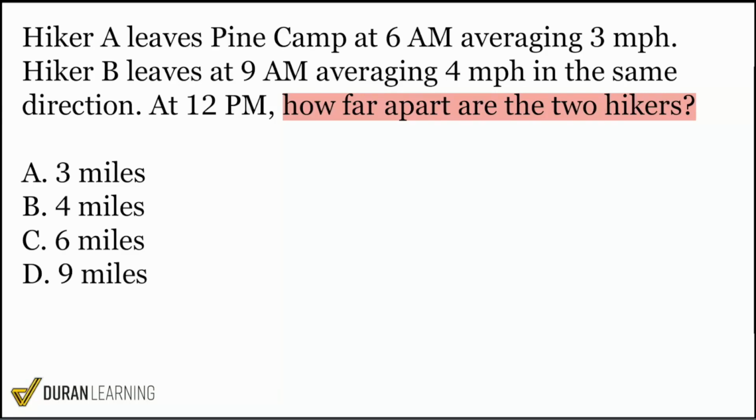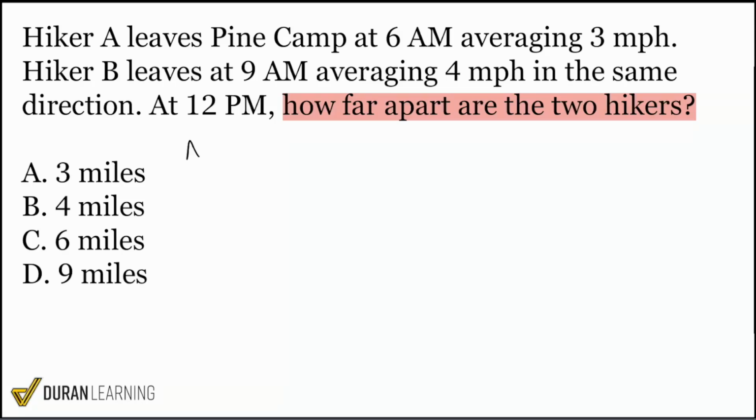Because it says, hiker A leaves Pine Camp at 6 a.m., averaging 3 miles per hour. Hiker B leaves at 9 a.m., averaging 4 miles per hour in the same direction. At 12 p.m., how far apart are the 2 hikers? So it looks like we got a couple of things going on.